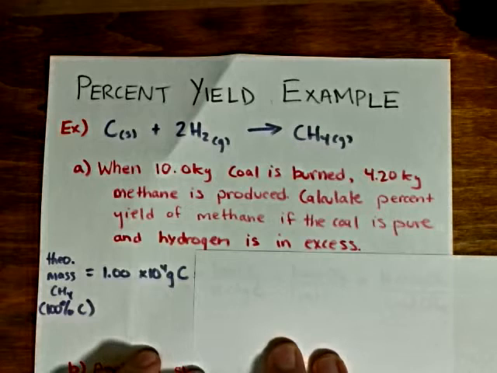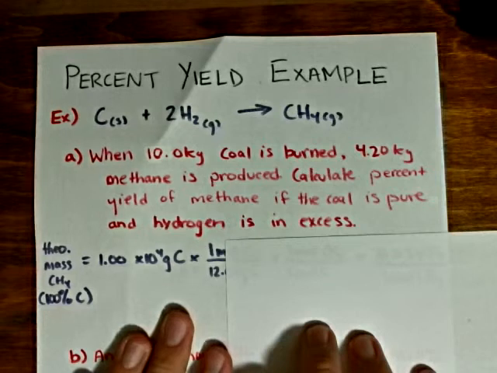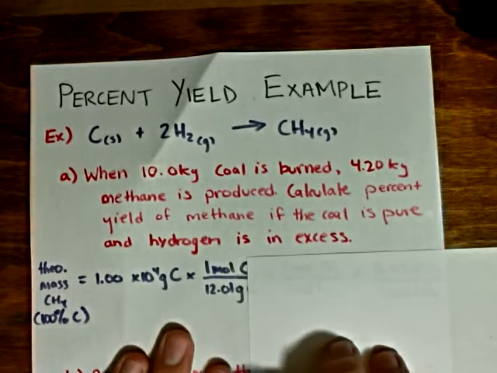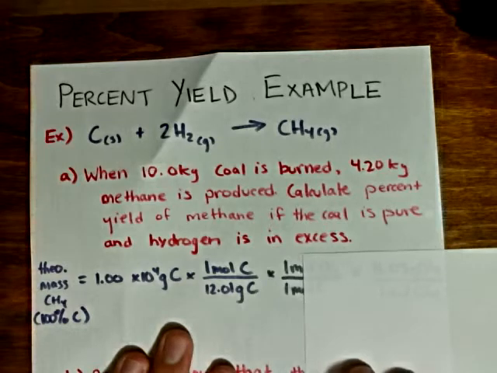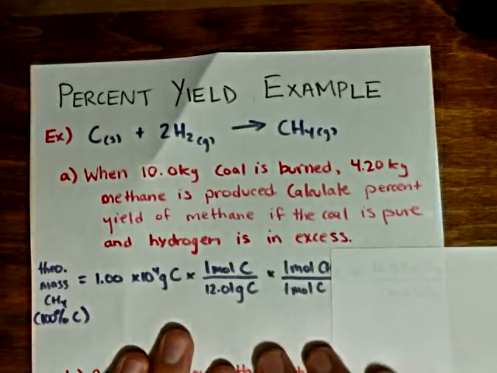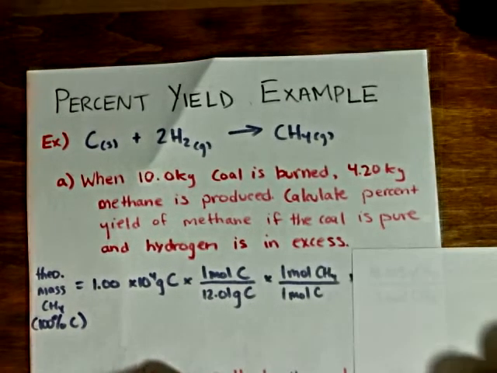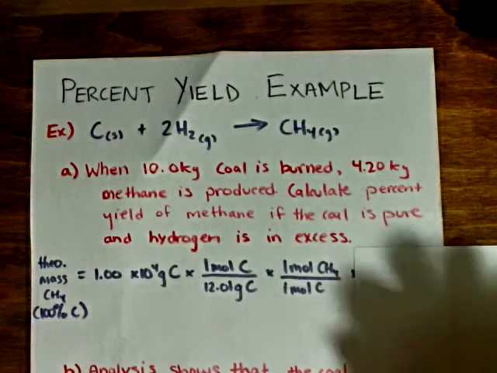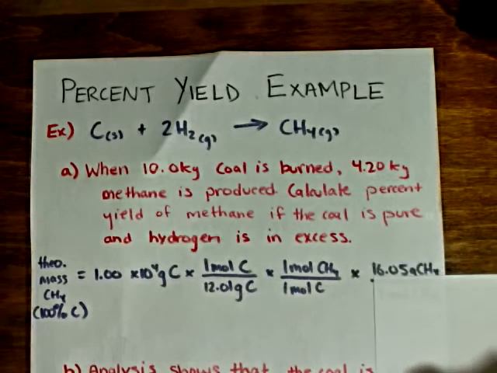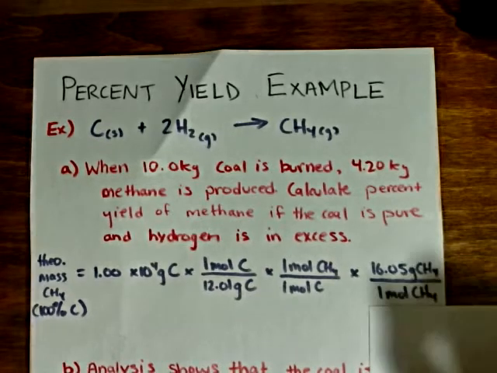And then we multiply that by the molar mass of carbon to get an amount in moles of carbon. We then multiply that through the mole ratio between the methane and the carbon, which is 1:1. In this case, it may seem a little redundant to do that, but some people need to see it. And then finally, we multiply that by the molar mass of methane to give us the mass of methane.